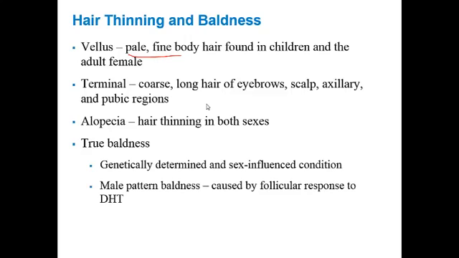There's a couple different types of hair that you should be aware of. There is what's called vellus hair, and this is the pale, fine body hair that's found in children and adult females. There's also a more coarse long hair, which is found on the eyebrows, the scalp, in the armpit, and the pubic area. So these are the two different ones you need to be aware of.